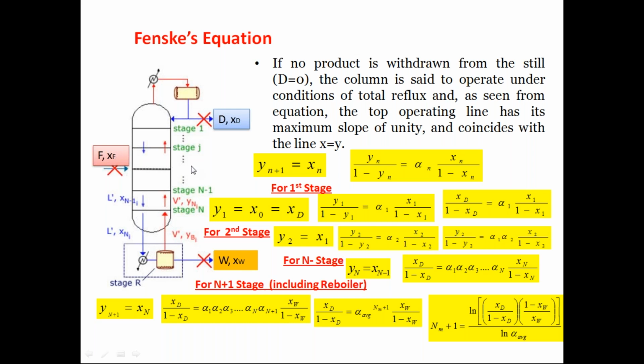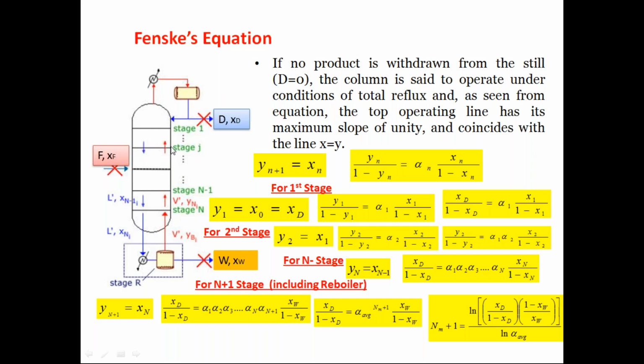So you will get a very typical situation in the continuous distillation column that gives this as an operating line: yn plus 1. What is yn plus 1? The vapor composition entering a particular tray will be equal to the liquid composition entering the same tray.